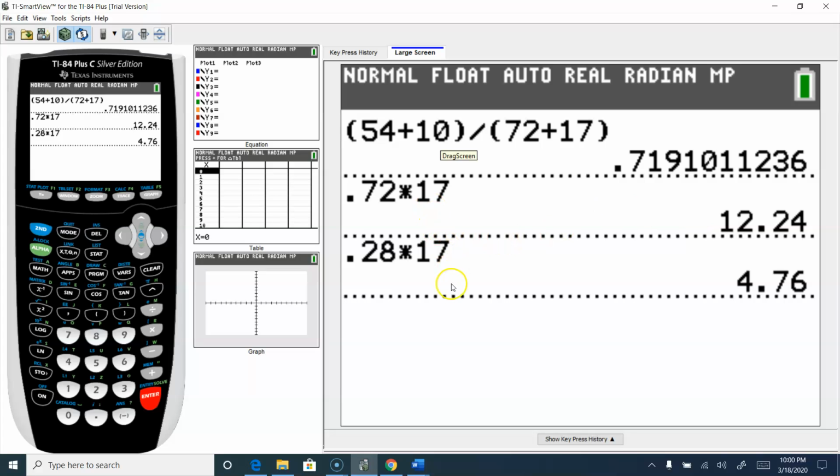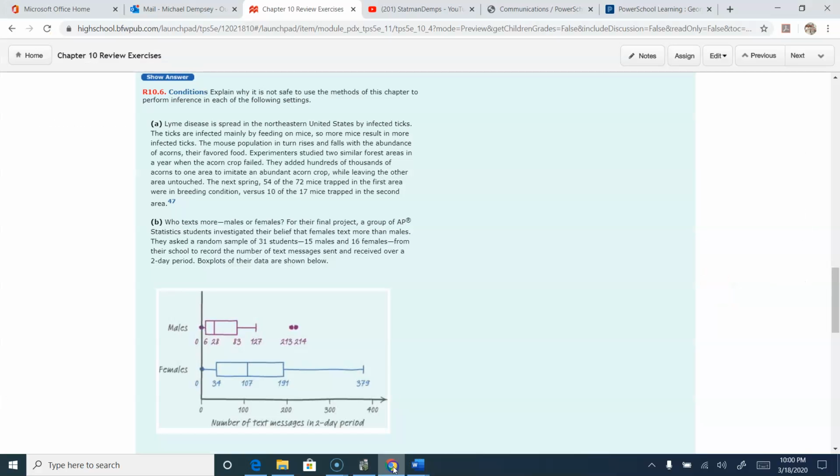That's okay, but where we run into trouble is 17 times 0.28 is not greater than 10. So whichever way we look at this, we're going to have a violation on assuming a normal sampling distribution because the sample size is not big enough, particularly the 17 mice in the second area. So that would be a test for proportions or a confidence interval for proportions.